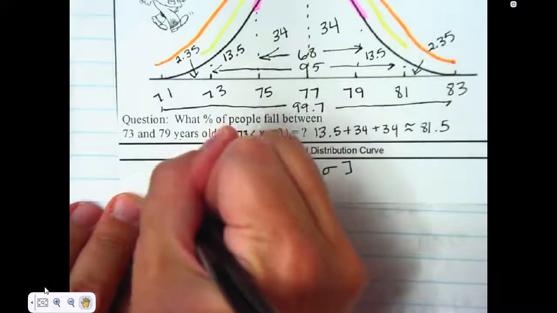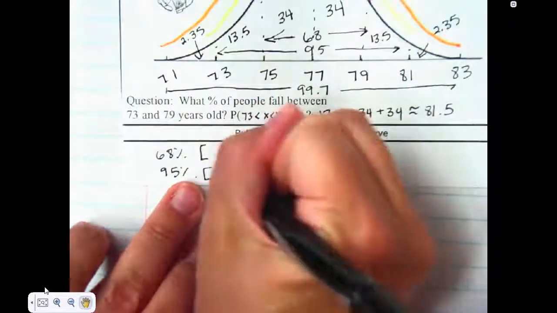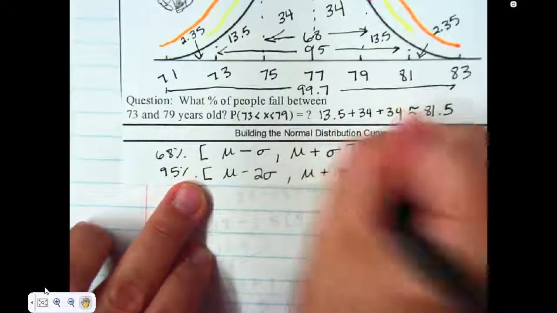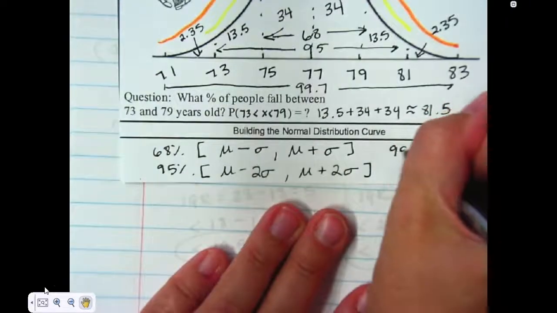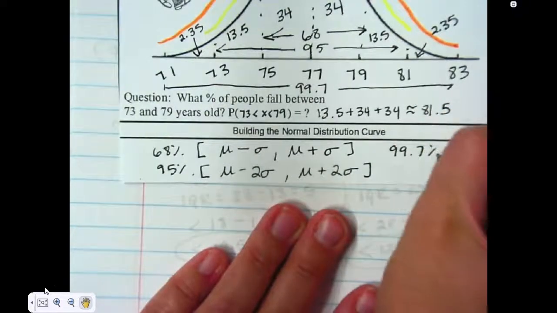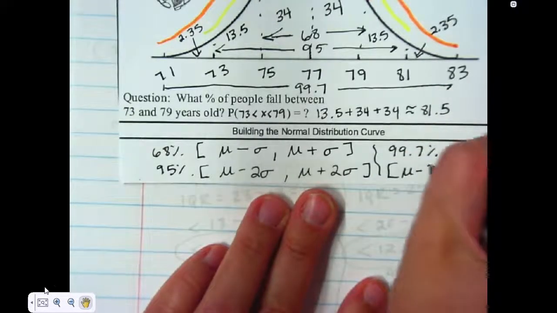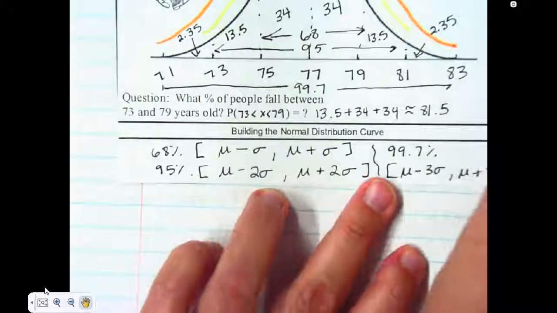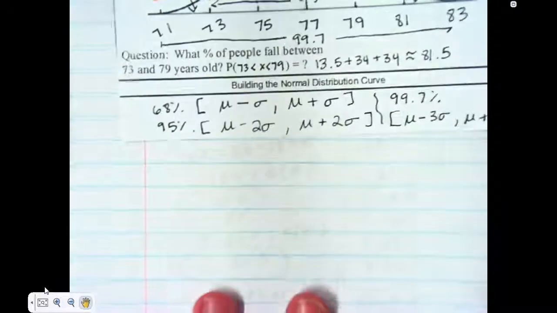For 95%, it's going to be the mean minus 2 times the standard deviation and the mean plus 2 times the standard deviation. And we'll do the same thing for 99.7% of the data. That's going to be the mean minus 3 times the standard deviation and the mean plus 3 times the standard deviation. We'll do some examples with those in a minute.